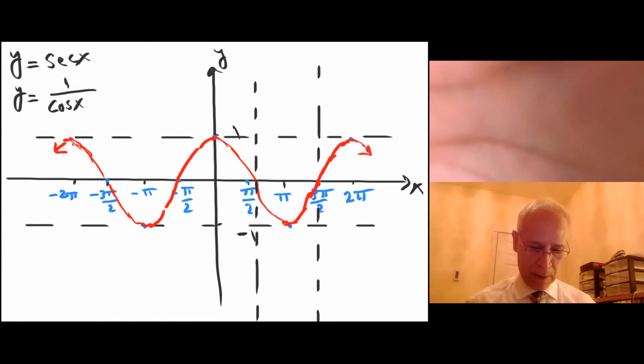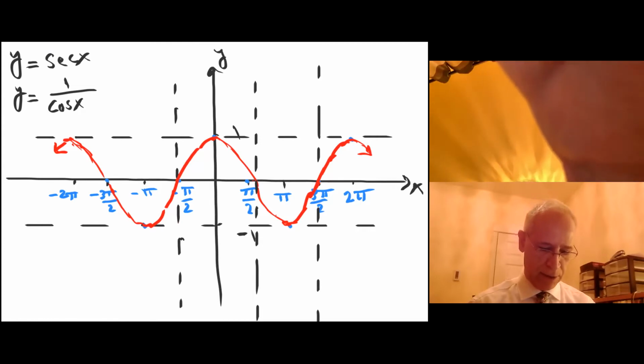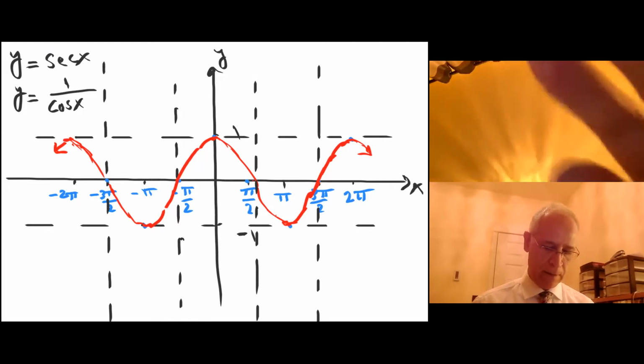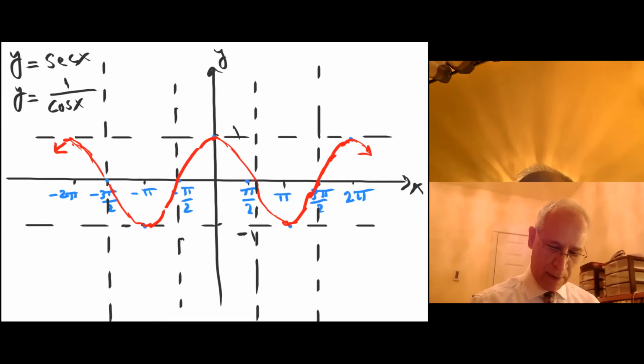By the way, I'm not sure what page, but these graphs that I'm doing for you are actually really nicely done in your textbook. Okay, so now all I have to do is draw my humps in here.